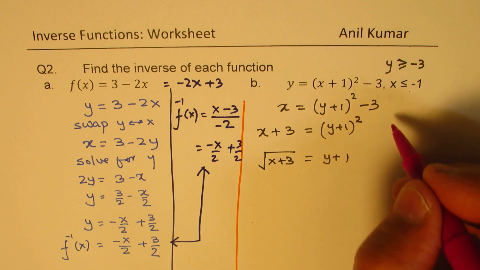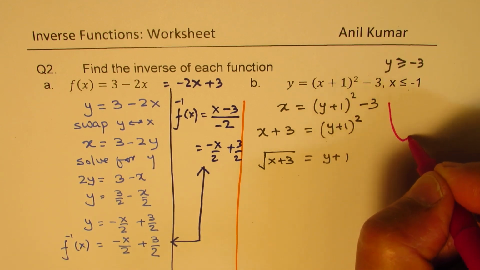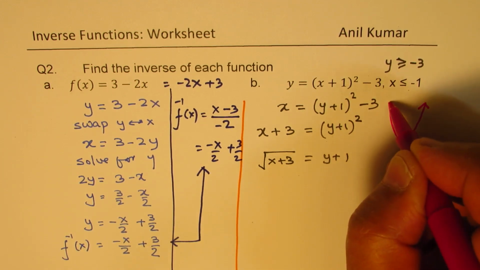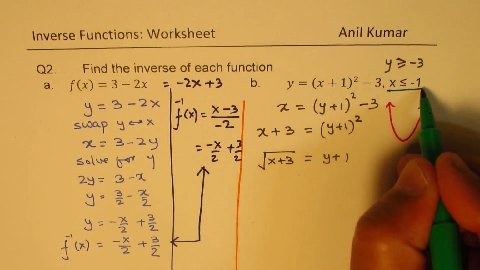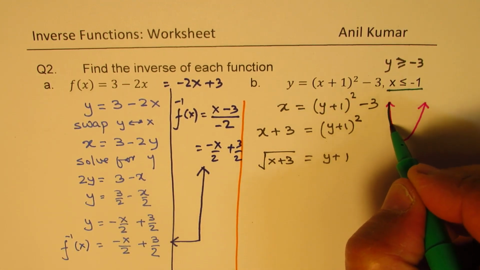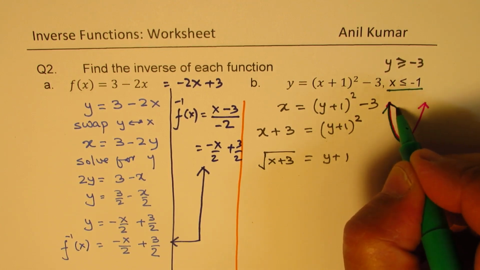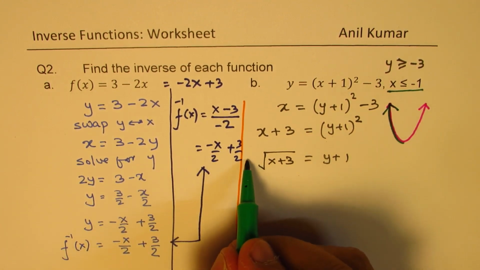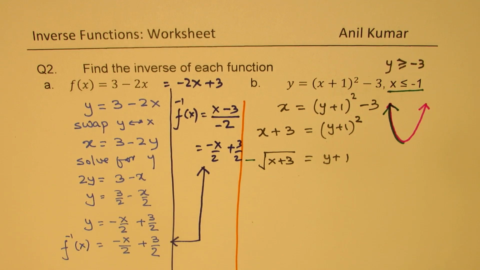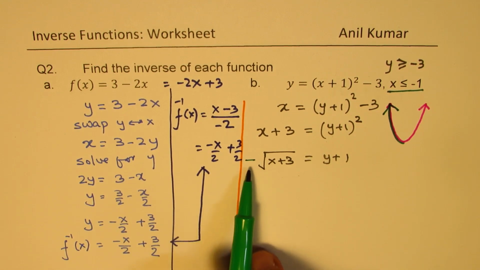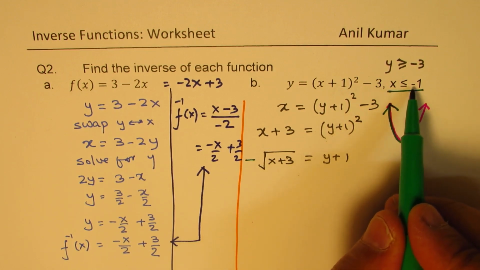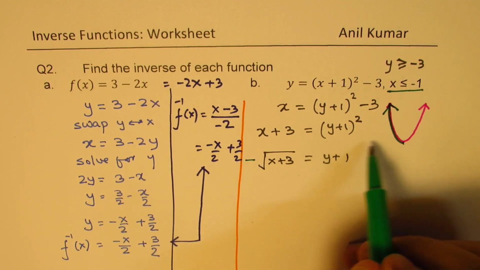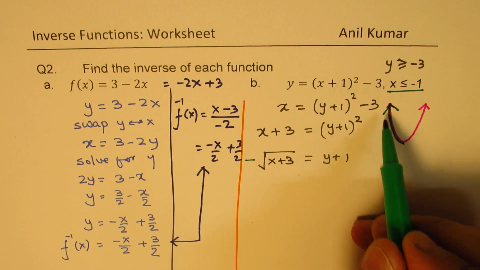So this parabola given to us is opening upwards like this. Now when I say that x is less than minus 1, we are talking about the left arm, right? So in this case, we'll take only the negative value. You get the idea. Not positive and negative. Since our domain for x is less than minus 1, we have to consider the left side, the lower half.